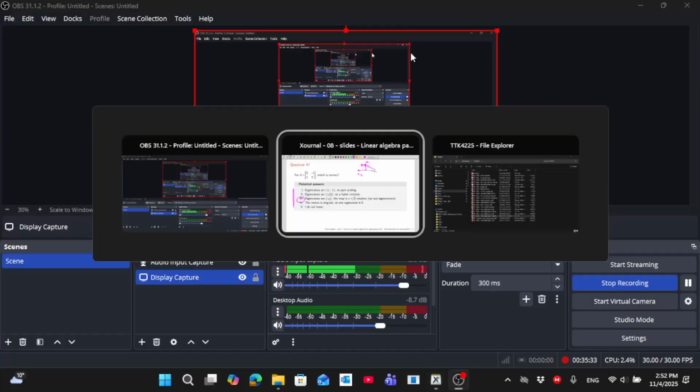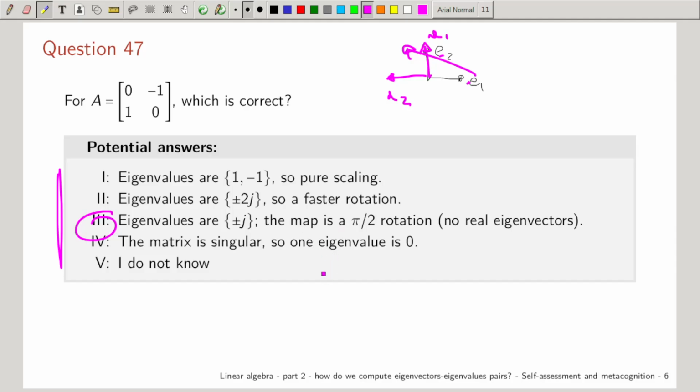For the question, when you say no real eigenvectors, you just mean that there is no real form. The eigenvectors are not real. They're going to be complex vectors. But they are still eigenvectors. Yeah, it's a bad name.